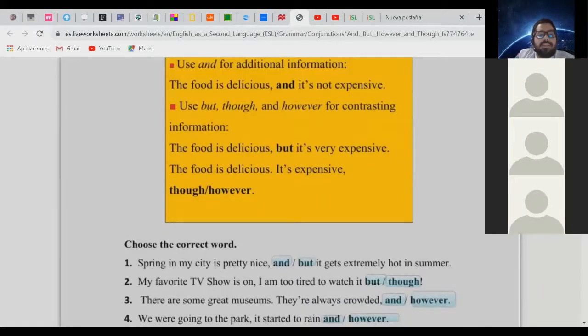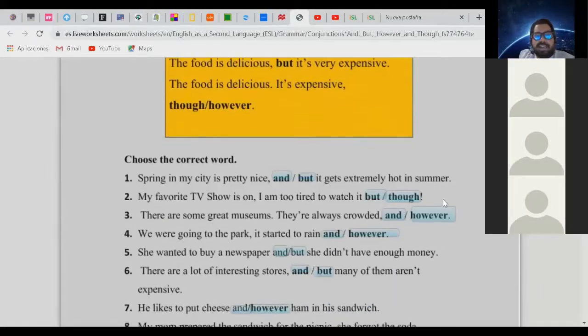So we're gonna look at this with the conjunctions. Over here, guys, look at the first sentence in there. I don't know if maybe Ali can help me reading the first sentence, okay? Don't worry about the answer. Ali, only read it, okay? Spring in my city is pretty nice, but it gets extremely hot in summer. Exactly. So look at this, guys.